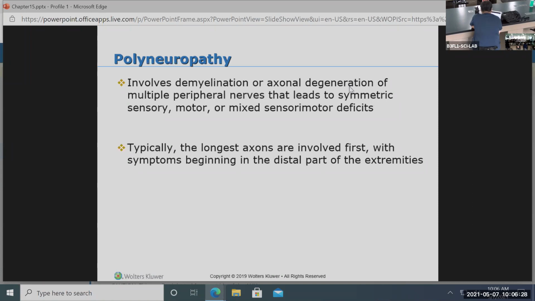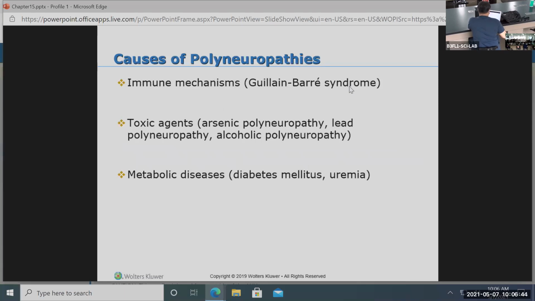Now, typically, the longest axons are involved first. They're saying how it starts, with symptoms beginning in the distal part of the extremities. Later on, it ascends. Okay, yes, right over here. So, Guillain-Barré syndrome is one type of polyneuropathy.